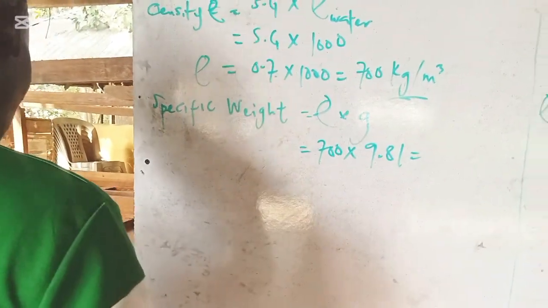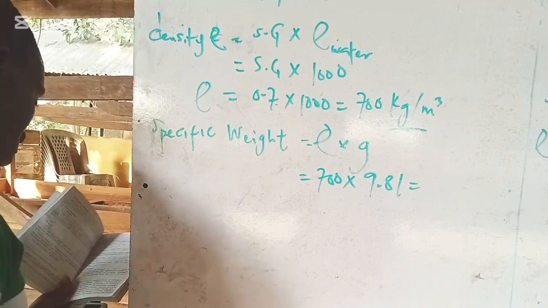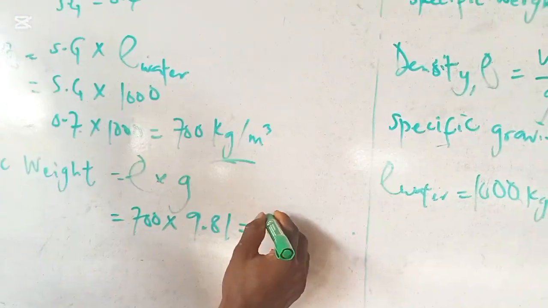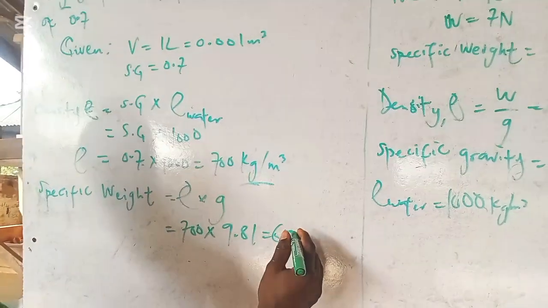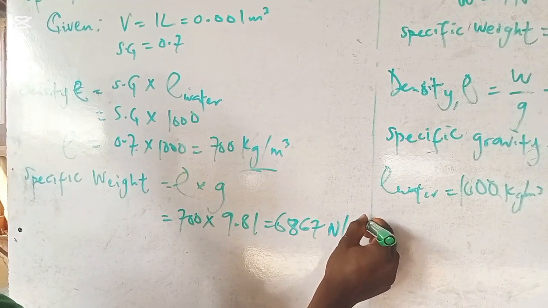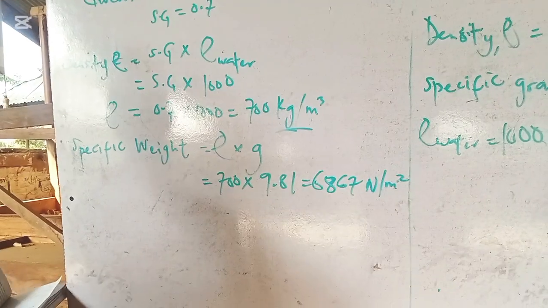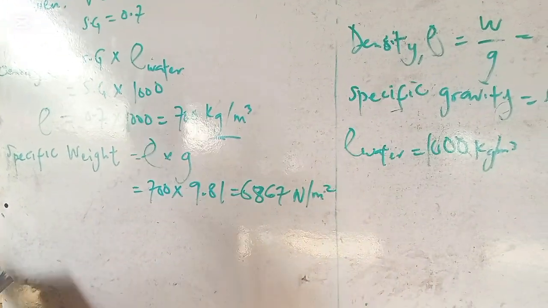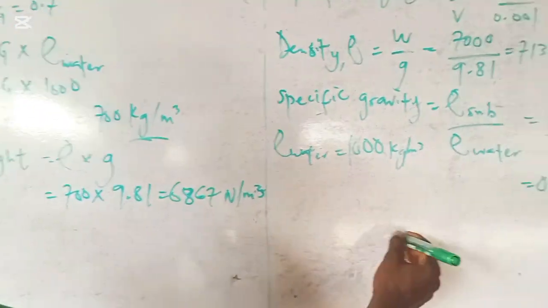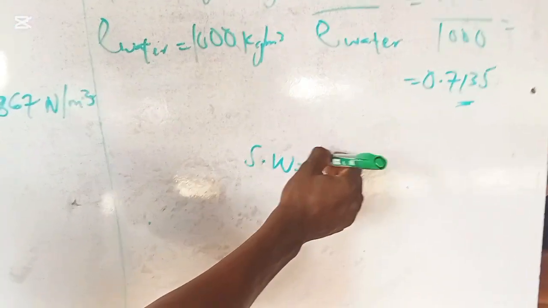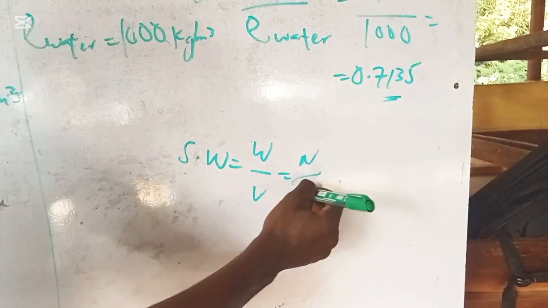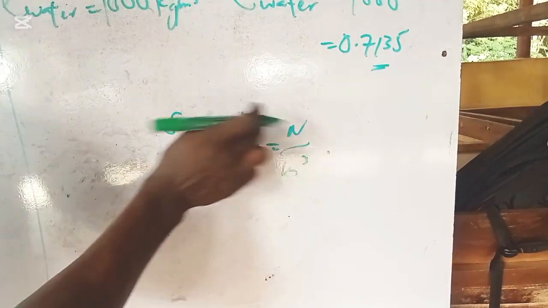So that would be 6,867 Newton per meter cube. Yes, Newton per meter cube. Remember, if you are calculating for specific weight, it's supposed to be weight over volume. That's why it is Newton per meter cube. This is the meter cube, this is the Newton.